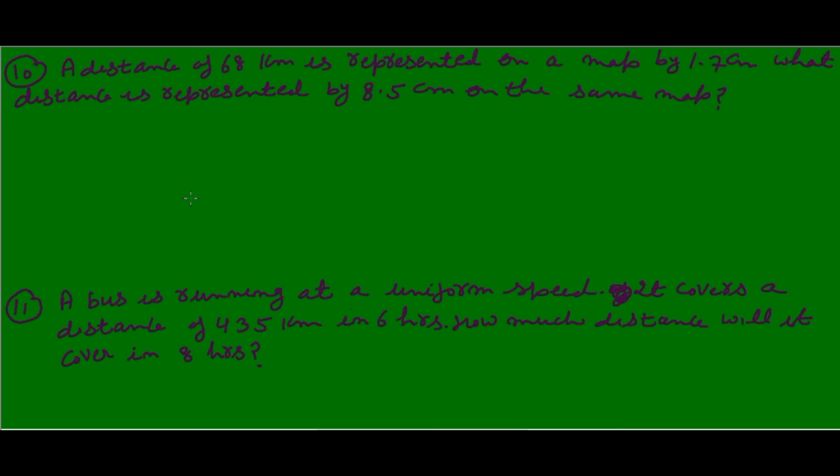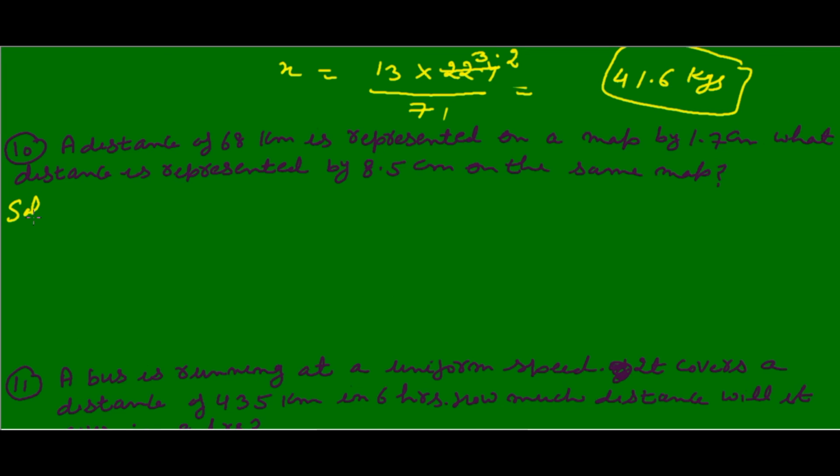A distance of 68 km is represented on a map by 1.7 centimeter. What distance is represented by 8.5 centimeter on the same map? Now distance is similar, right?